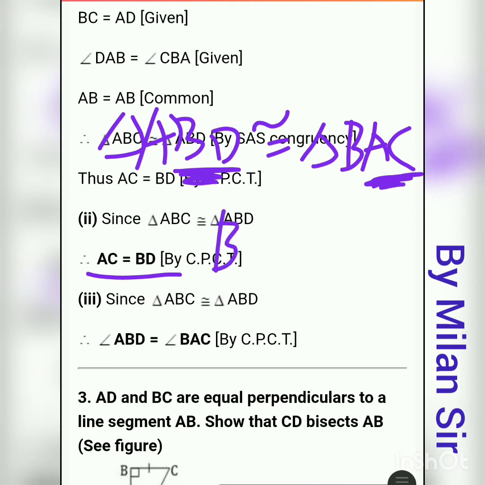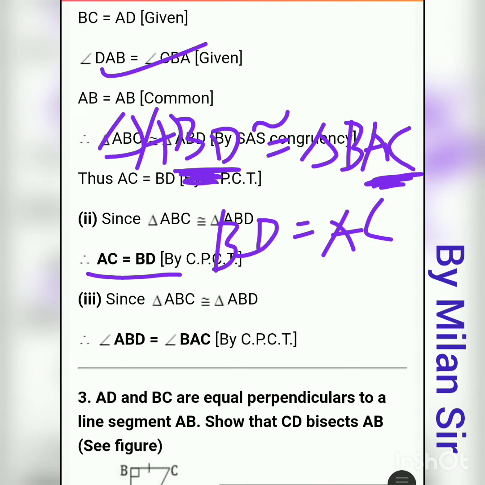So both are equal, BD is equal to AC, and the reason is by CPCT, that means corresponding parts of congruent triangles. Once we prove that these two triangles are congruent, after that we can write anything, that means corresponding parts are equal: all the three sides are the same and all the three angles are the same.